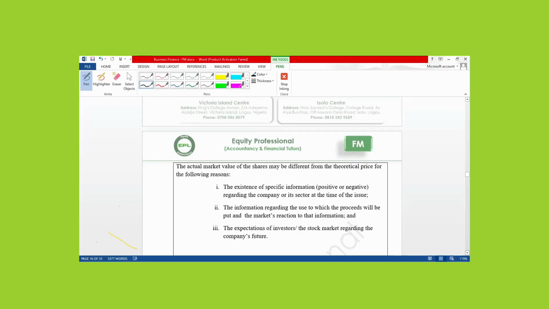If you are trying to invest your money in a company, you are interested in that company's future. If the expectations about the company's future are very bright, investors will be willing to buy the company shares, and that will lead to an increase in the actual share price.